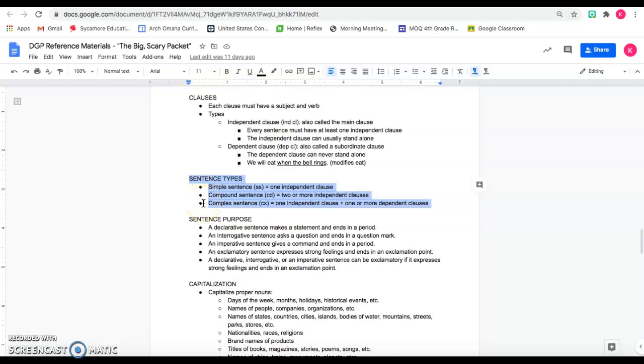So knowing that we only have one independent clause for this sentence, well, this has to be a simple sentence, which we'll mark with an SS, which makes sense. S for simple and then S for sentence.